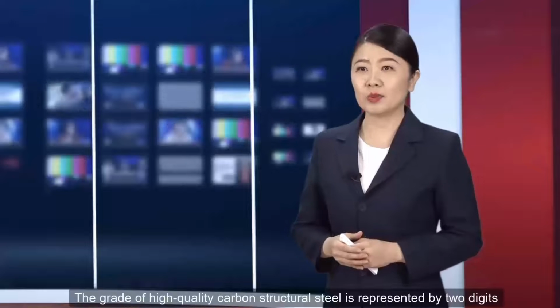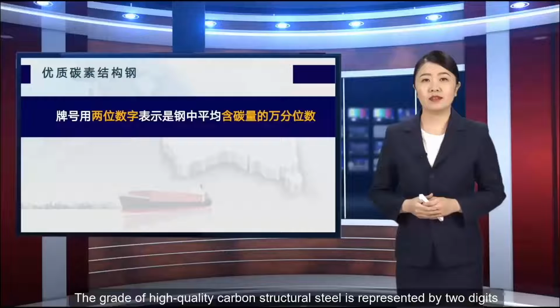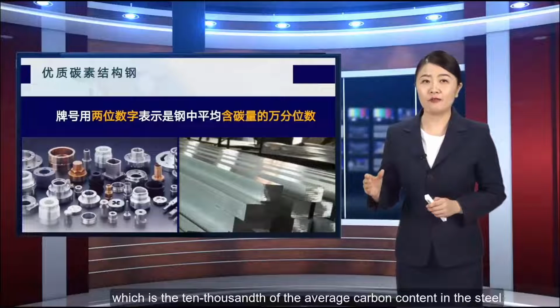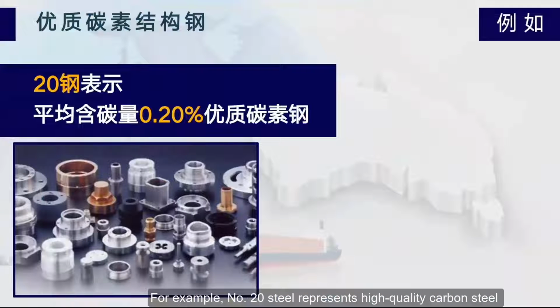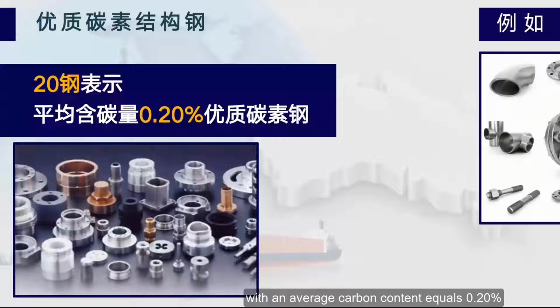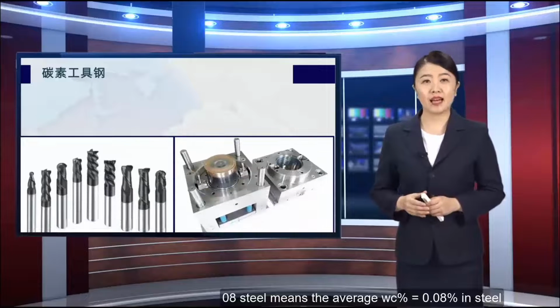The grade of high-quality carbon structural steel is represented by 2 digits, which is the 10,000th of the average carbon content in the steel. For example, No. 20 steel represents high-quality carbon steel with an average carbon content equals 0.20%. 08 steel means the average Wc% equals 0.08% in steel.